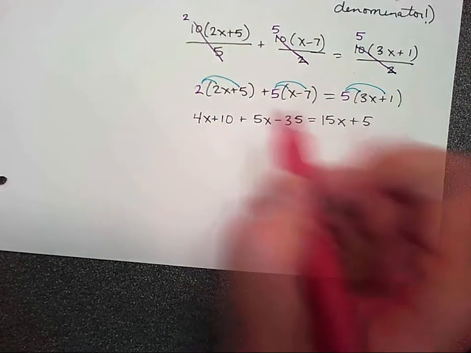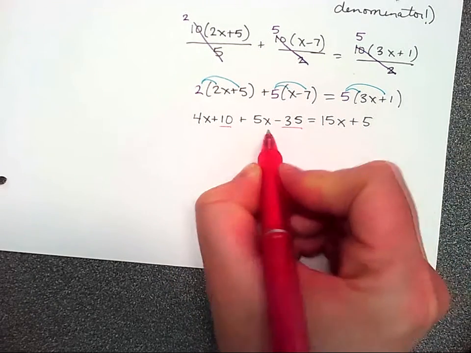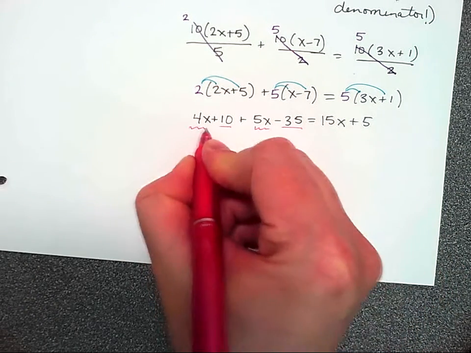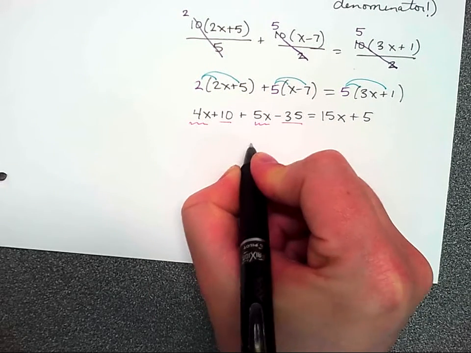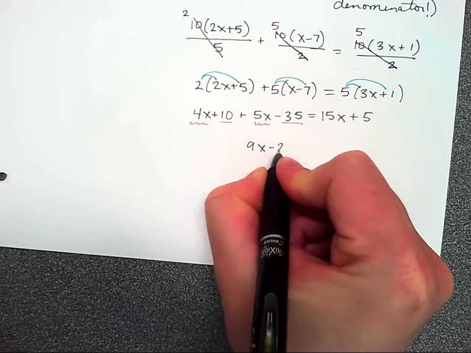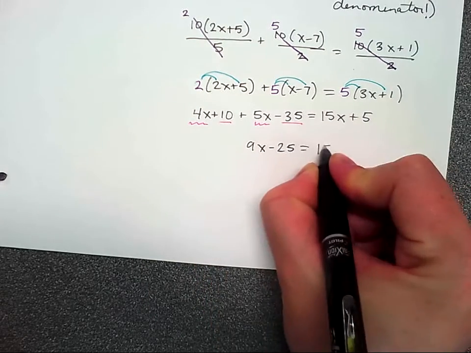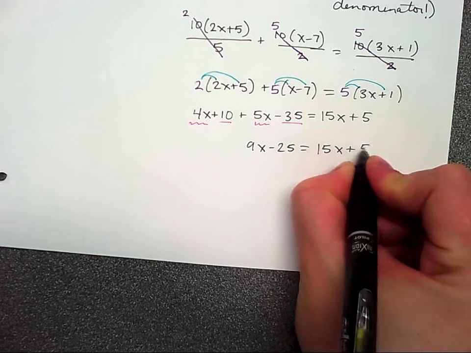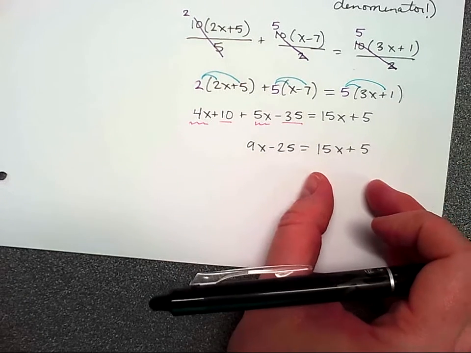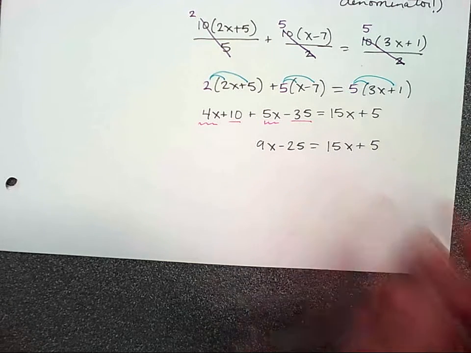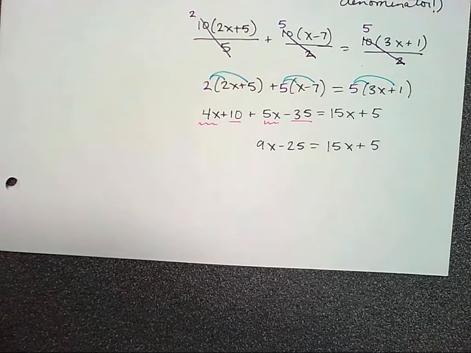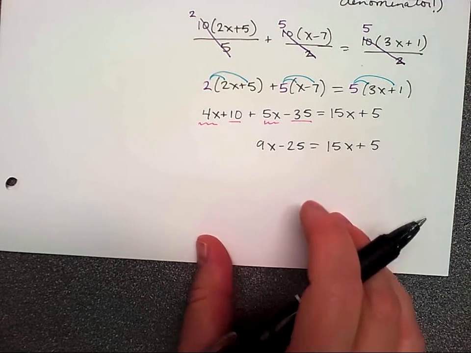I'm going to combine my like terms. I have 10 and I have negative 35. And then I have 4x and 5x, so that's 9x minus 25 equals 15x plus 5. Okay, so I've simplified both sides, right? As long as I can add, I've simplified both sides. I get everything with an x on one side, everything without an x on the other side. That's the next step.